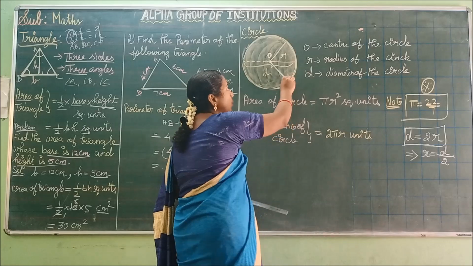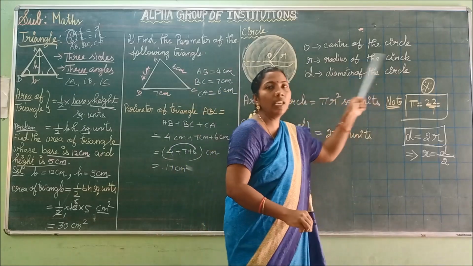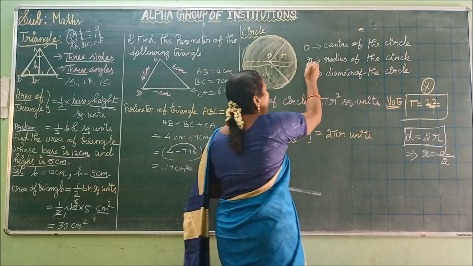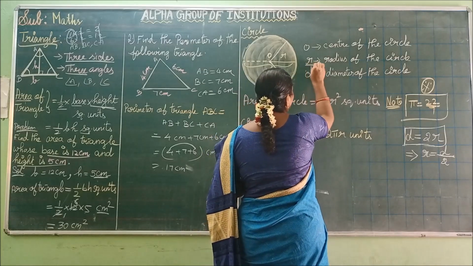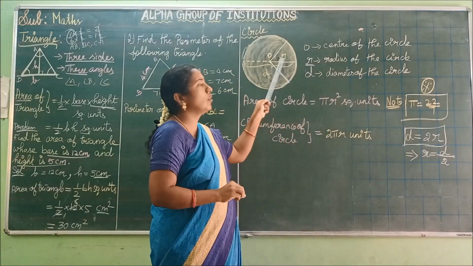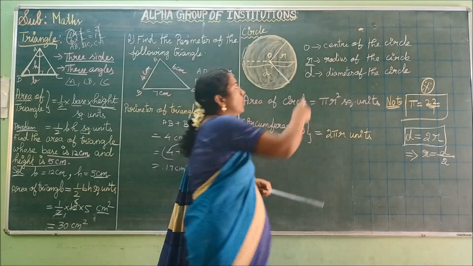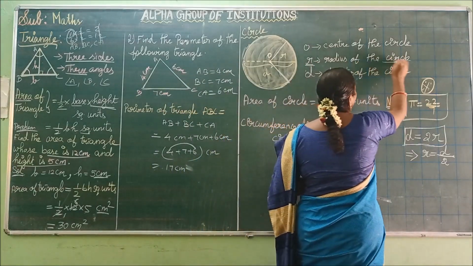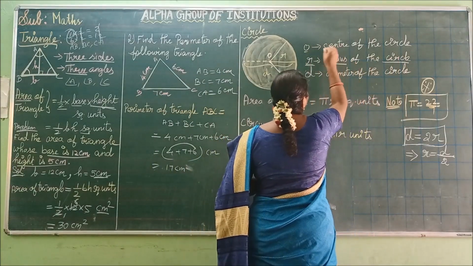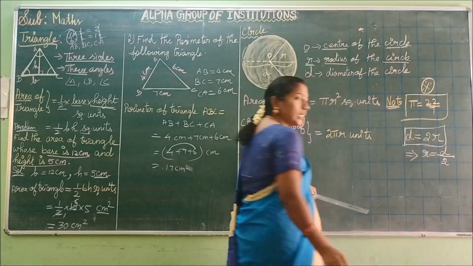This length is said to be the radius of the circle. We usually use the letter R to denote the radius, so R is the radius of the circle and O is the center of the circle.